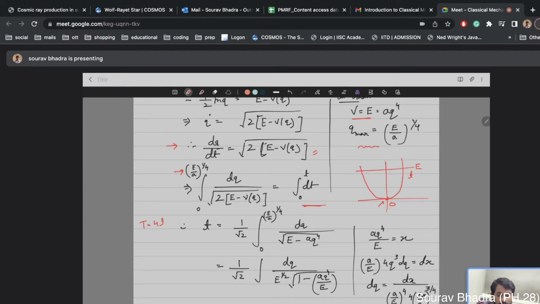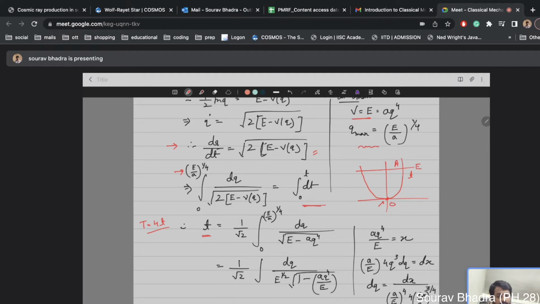The problem has a symmetry, and the time it takes to go from 0 to the highest position, say a, multiplied by 4 is actually your time period. So capital T is proportional to small t. It is just 4 times small t. That's why I have used small t. You can multiply it by 4 also and use capital T.